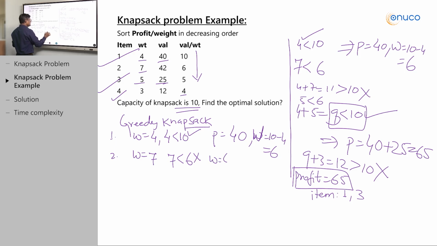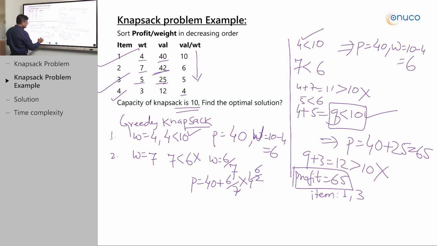We have 6 divided by 7, this fractional weight I want. Out of 7 kg, we want 6 kg. In that case, what will the profit be? Profit is going to be 40 plus 6 divided by 7, the fractional weight of the second item, into the total profit of the second item, which is 42. Right? So 7 6 42.